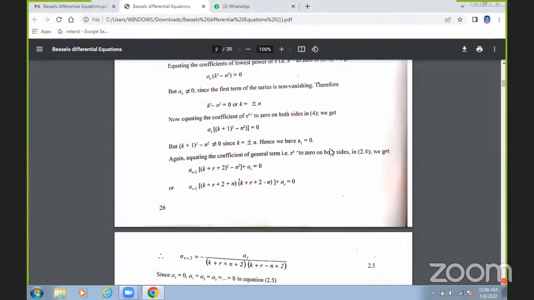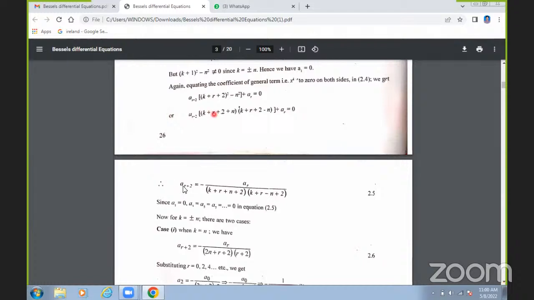Right. So from this equation, we can write a(r+2) value as a r by (k plus r plus n plus 2) and (k plus r minus n plus 2). This is the generalized term. Understand? This is the generalized term.